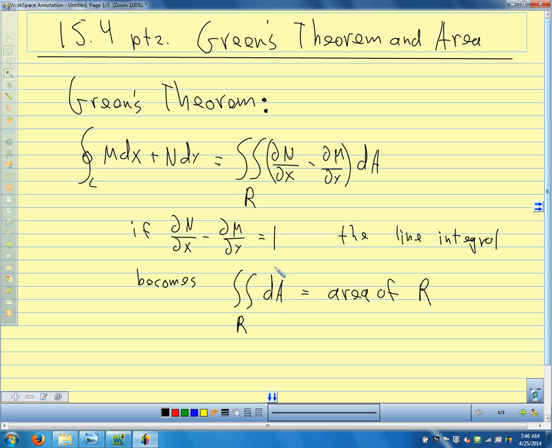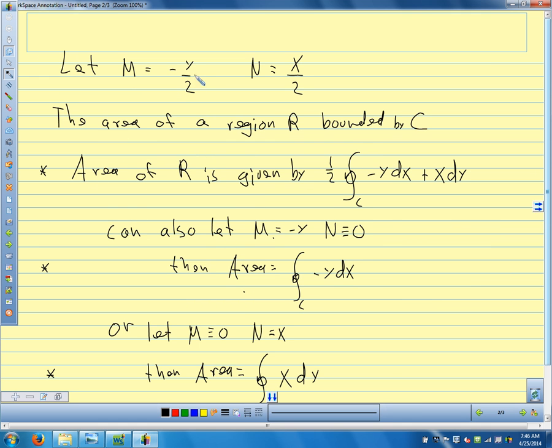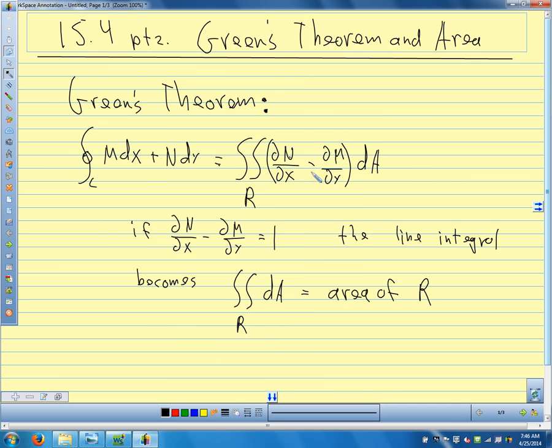So we're just picking m and n so that this quantity turns out to be 1, so that we can use the line integral to find the area. If m is negative y over 2 and n equals x over 2, this quantity will turn out to be 1. So we just pick that to make it equal to 1.